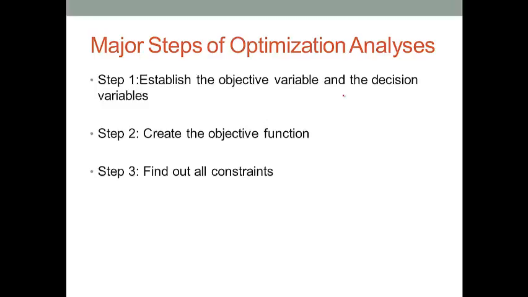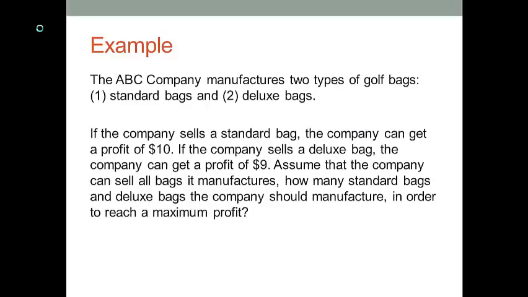I want to use an example to show everyone how to perform an optimization analysis according to these 3 major steps. The ABC company produces 2 types of golf bags. The first type is the standard bag. The second type is the deluxe bag.